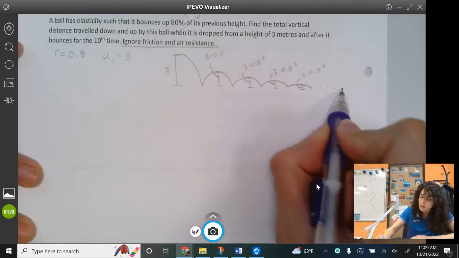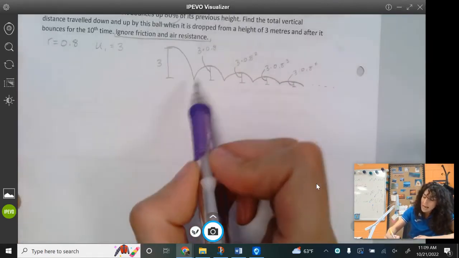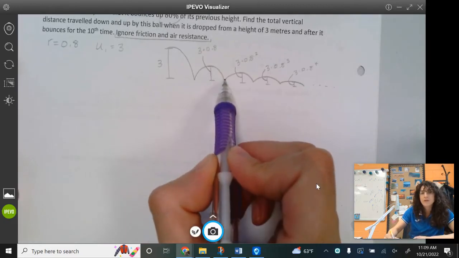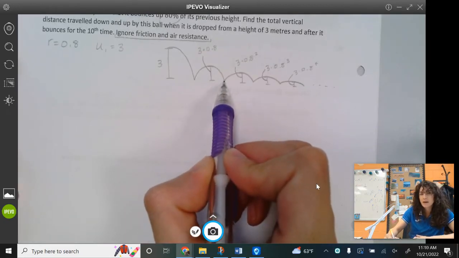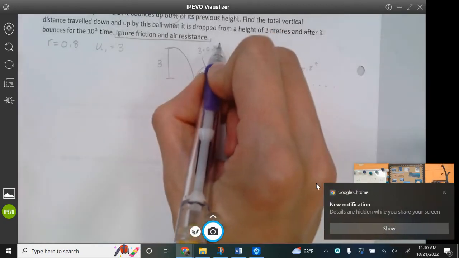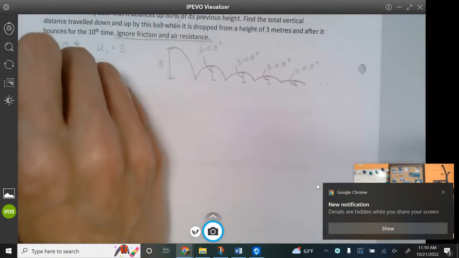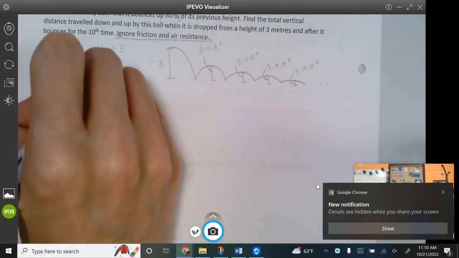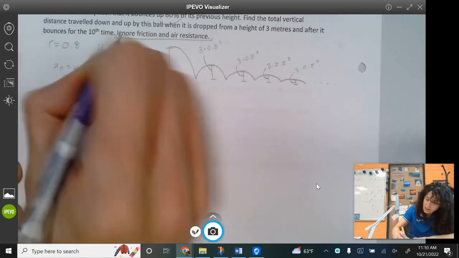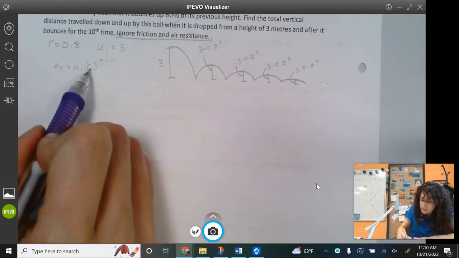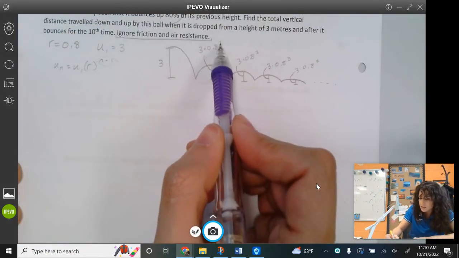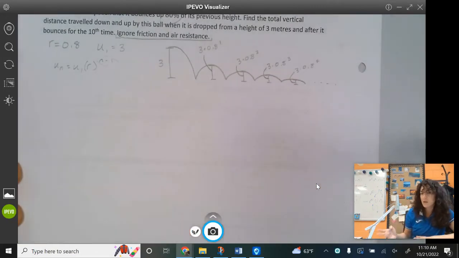Okay, and that keeps going, right? So after the first bounce, but before the second bounce. So for each of these individual terms, I know that the exponent that I'm raising it to is 1 less than the n value, right?